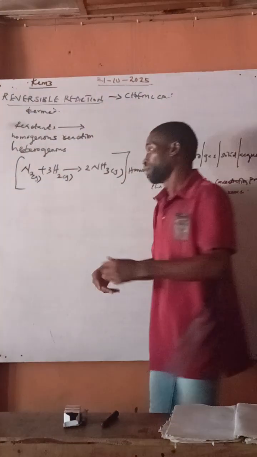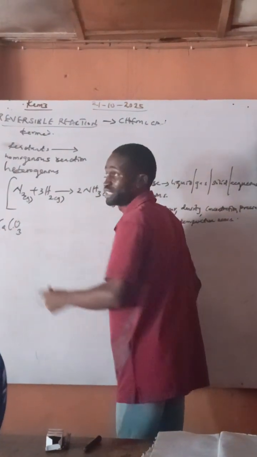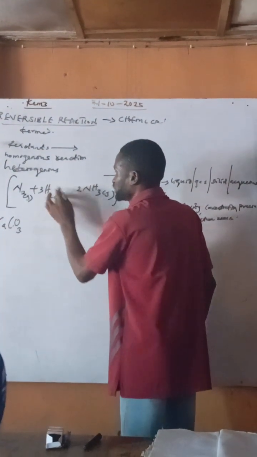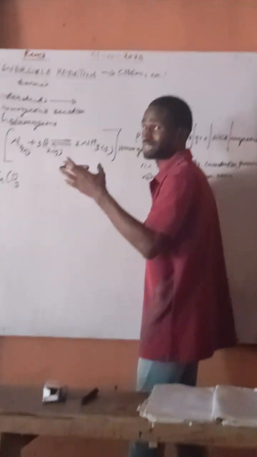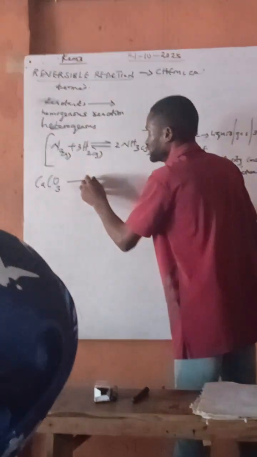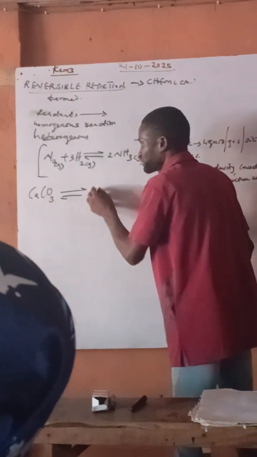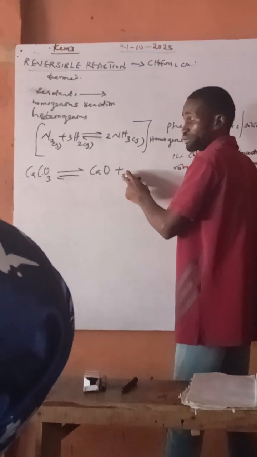Gas. But if I have something like CaCO3, calcium carbonate, remember that you have to put your arrow there. Remember I told you you must put your arrow to indicate it is a chemical equilibrium, right? Okay, if I have this going this way, we are going to have calcium oxide, which is quicklime.